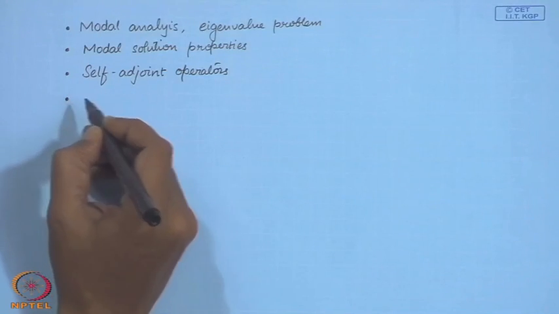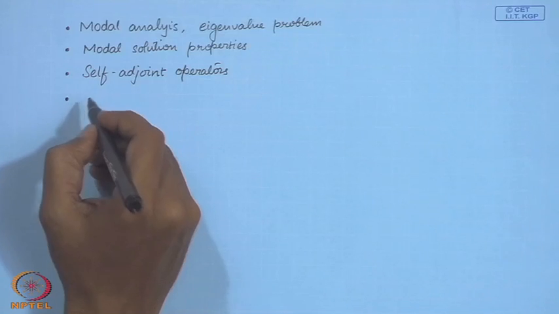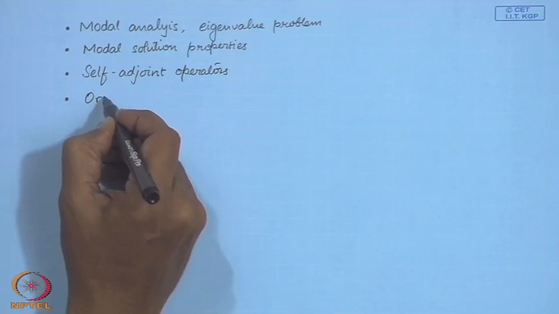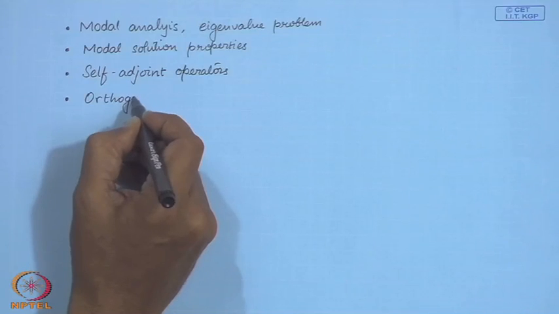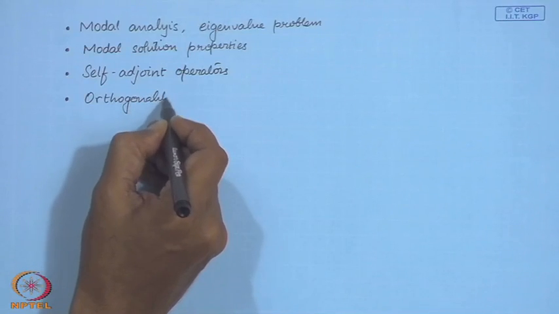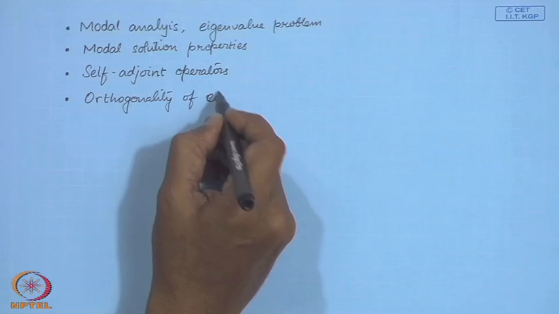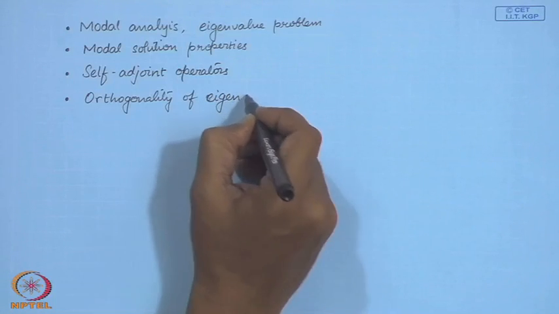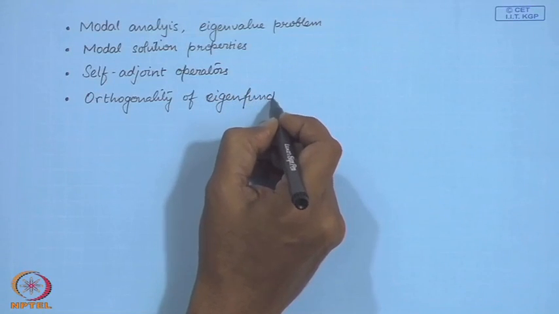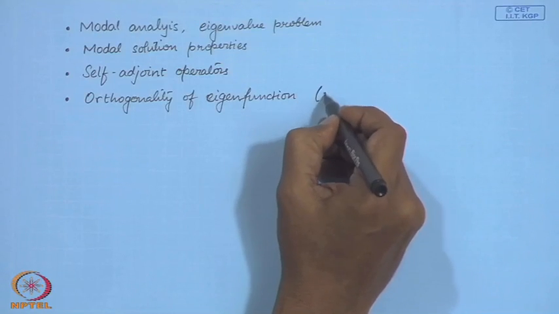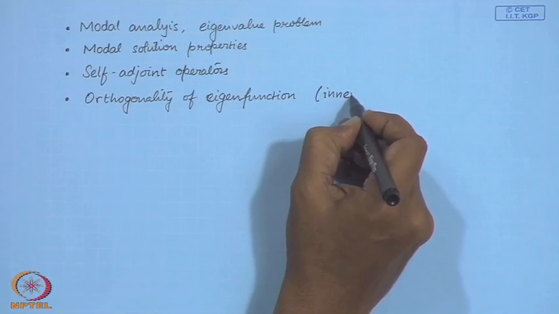Then we have discussed the orthogonality property of eigenfunctions, and we have determined the inner product.